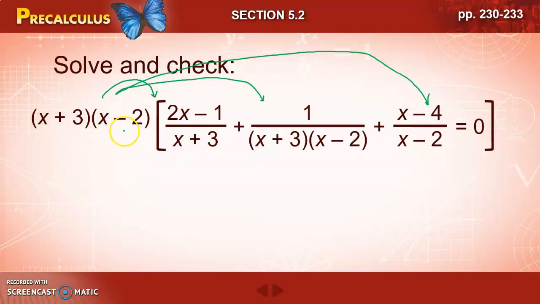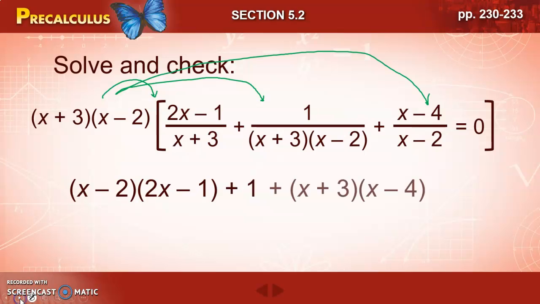So we're left with just x minus 2 times 2x plus 1. In the middle term, these will both cancel out our denominator, so we're left with just 1. And in our third term, the x minus 2 will cancel, leaving us with 4 times x plus 3. So there's our first term, our second term, and our third term, and all of that is equal to 0.